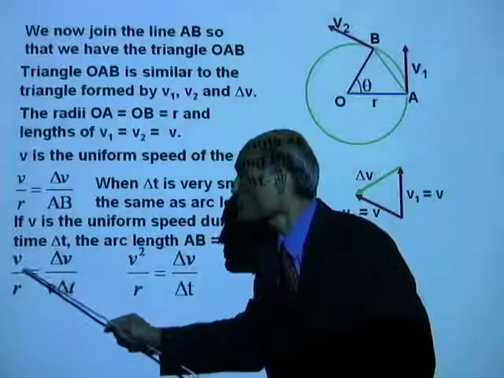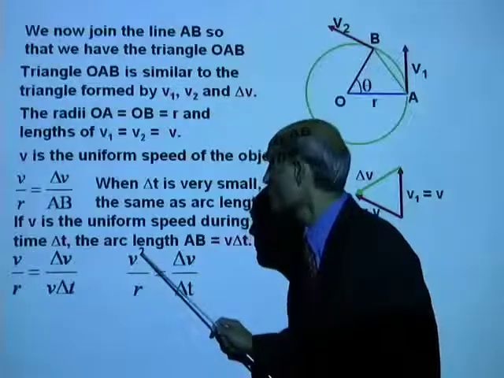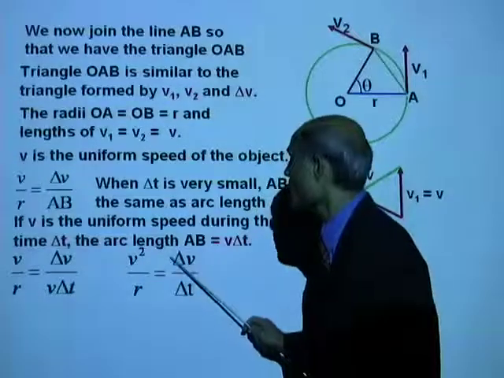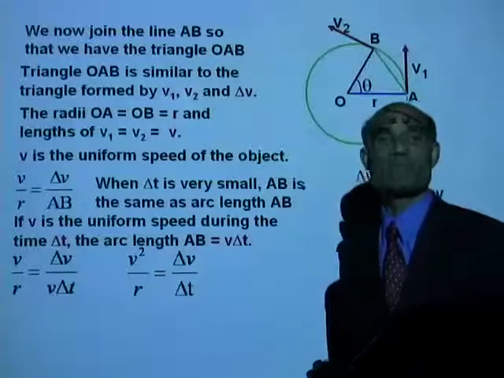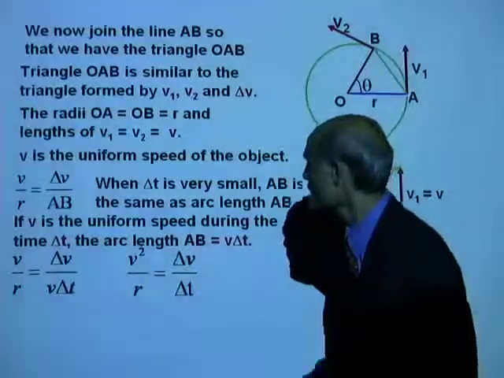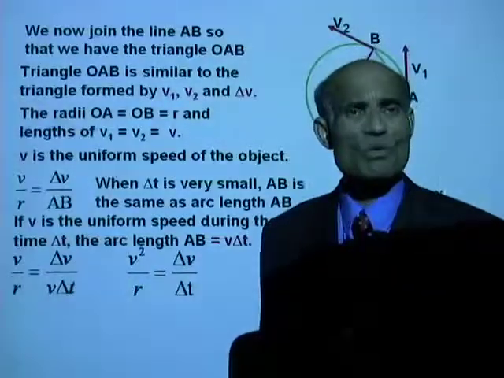Multiply both sides by v, and that will give you v squared over r is delta v divided by delta t. Now tell me, what is the quantity delta v by delta t? That must be a very familiar quantity.